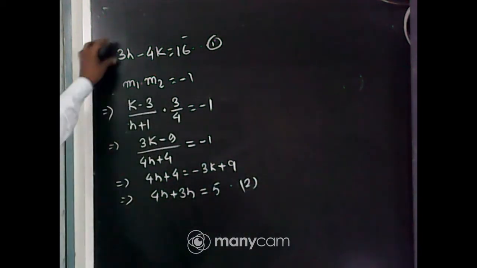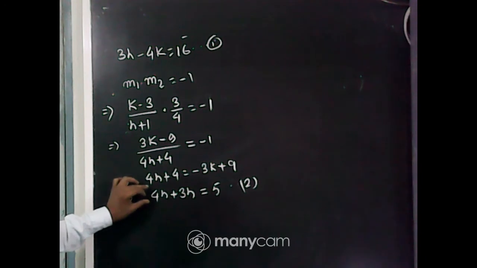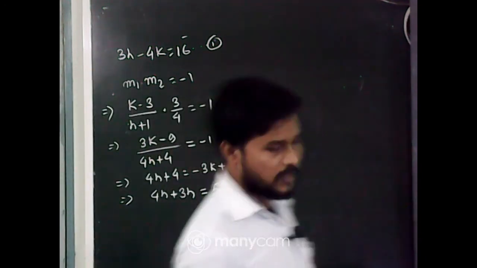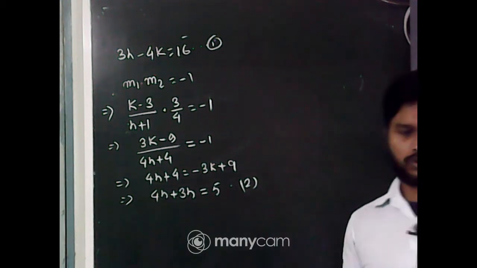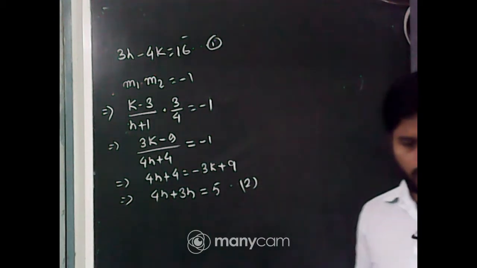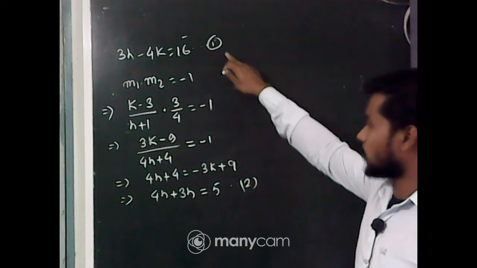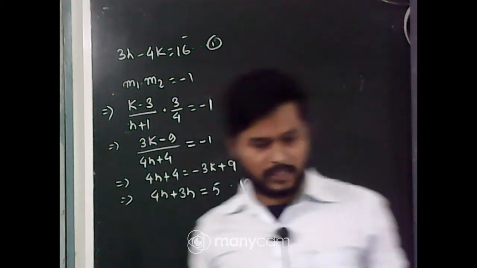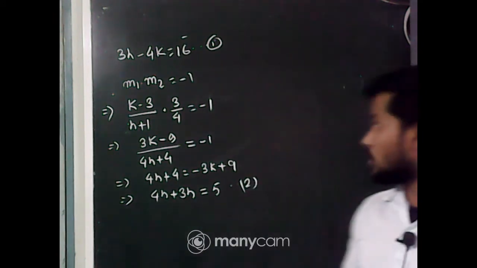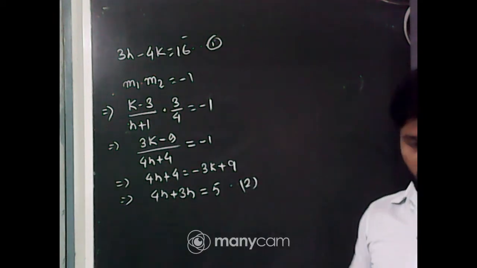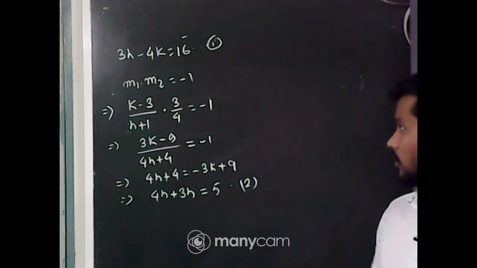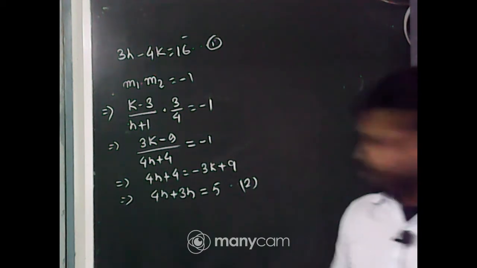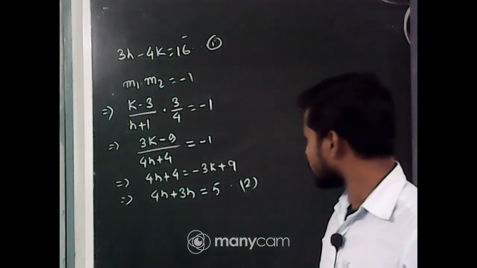Now look, this is equation number 1 and this is equation number 2. Equation number 1 and equation number 2 are a pair of linear equations in two variables, and I hope you can solve the equations. We have various processes: we can use the elimination method, cross multiplication method, or comparison method.